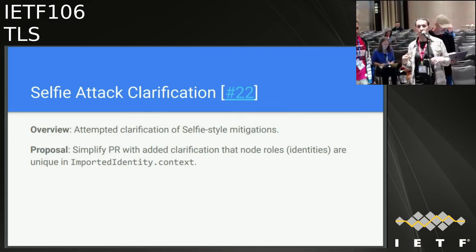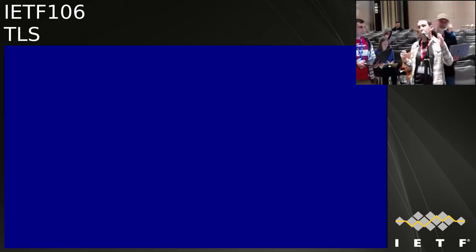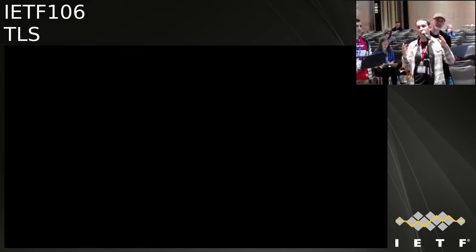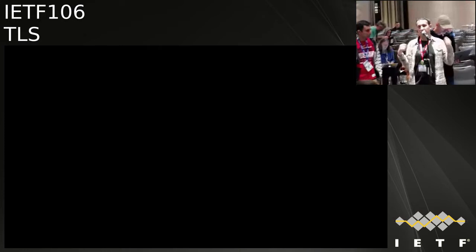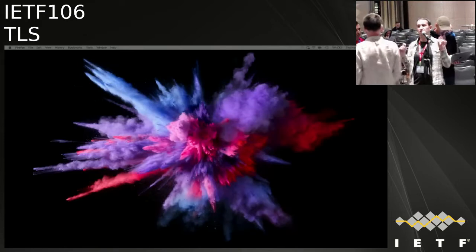I had a few people suggest that, instead of just putting whatever your name is, they'll say, oh, just put client and server. And of course, that doesn't fix anything at all, because either party can be either client or server. So it's just about making sure that they're always different, which is not the same as always unique identities.